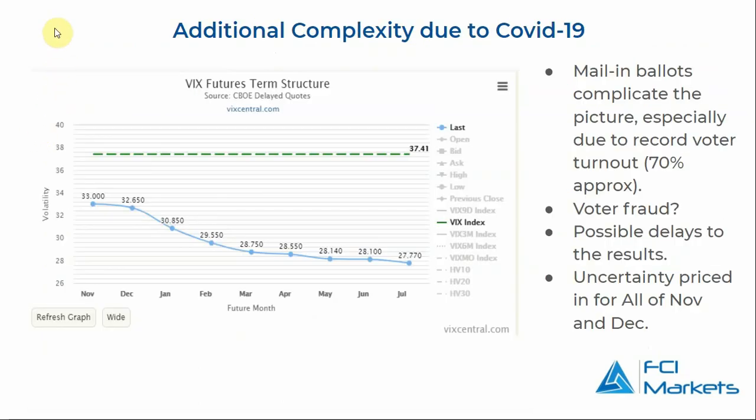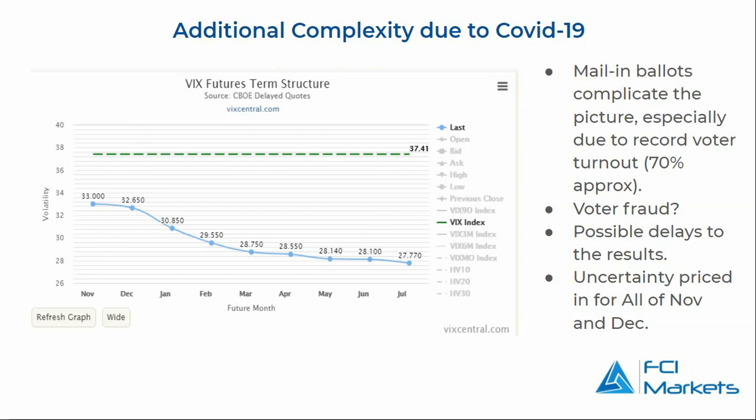One other thing I'd like to add is, there is more complexity to this, and a reason why I think the odds are different than what you see on your screens and what you see in the mainstream media is that mail-in ballots are complicating the picture, especially due to the record voter turnout. Counting the mail-in ballots is a complex procedure.